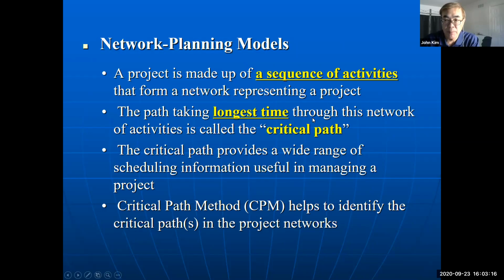We call that longest time path in a network critical path. So manage this critical path. I will talk about what is the critical path and longest time later with the example.